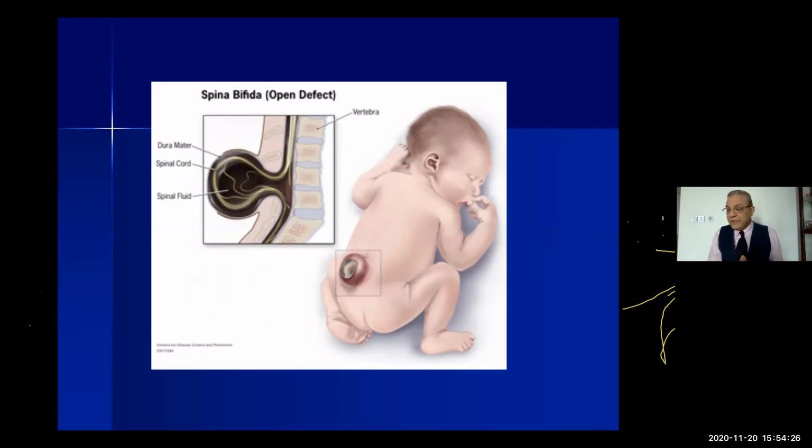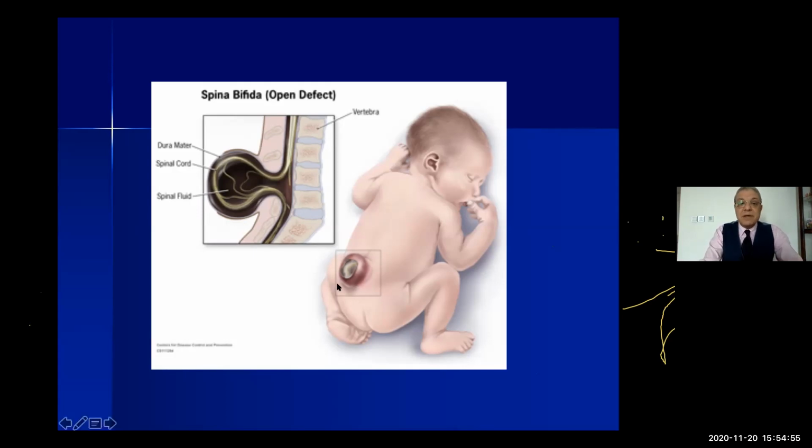We want to keep everything safe, because this membrane is liable to rupture with the CSF going outside, and it jeopardizes the neural elements, whether the cord or the nerve roots, to get harmed. And also at the same time, it will be one way to pass infection to the CSF and subsequently to the brain. So we want to keep it safe.